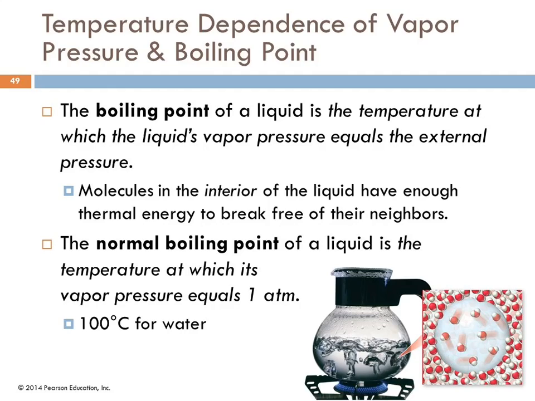The normal boiling point of a liquid is the temperature at which the vapor pressure equals 1 atmosphere. And so that's 100 degrees Celsius for water. We say normal boiling point because you can make it boil at various temperatures by messing with the pressure. So the normal boiling point is where you're not messing with the pressure.